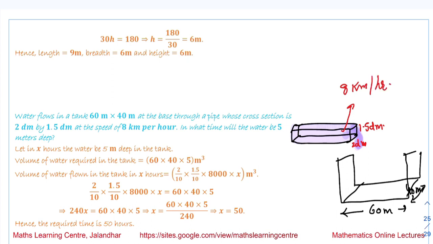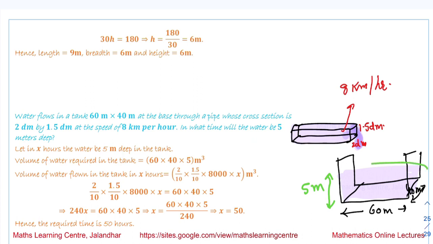So we have to find in what time the water will be 5 meter deep. So it means we have to calculate the time in which we will get the depth of the water. This is 5 meter deep.